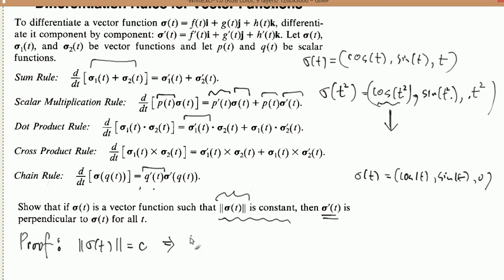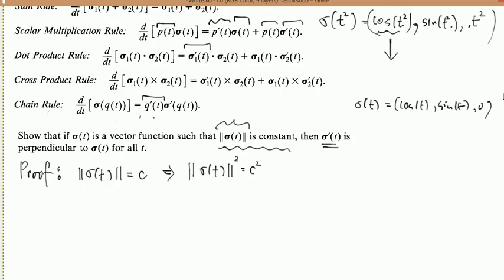We enter the dot product after you square it, still constant, correct? The norm is the dot product of the vector with itself, remember? x1 times x1 plus y1 times y1. That's exactly the length. So sigma t dot sigma t equals c squared. That's the equivalent condition we have.